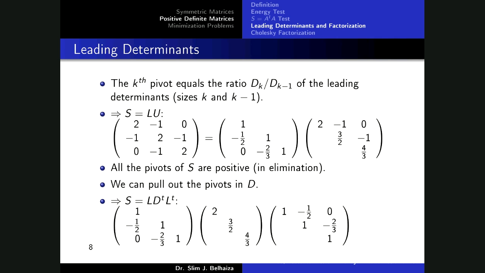And this relation is quite beautiful because, if we take this matrix, for example, I'm working on this matrix, you can see that for the leading determinants, here I have 2, am I right? Then for the next one, I get 4 minus 1, which is 3... so I get 4, which is positive. The next one is going to be 5, positive.